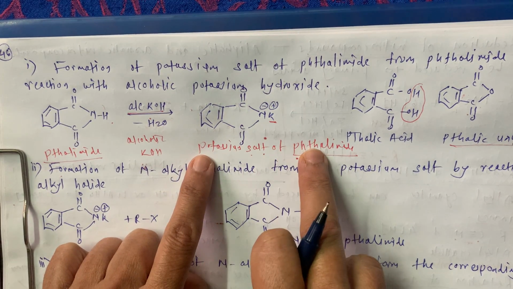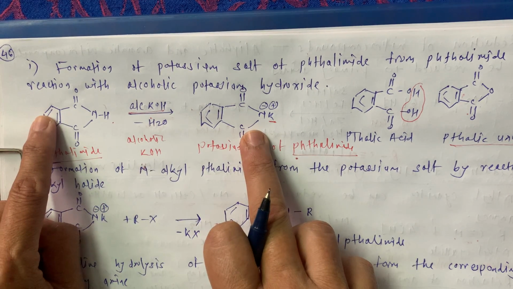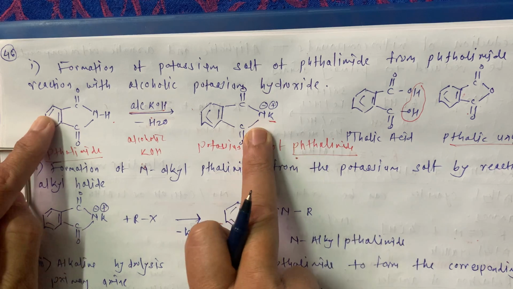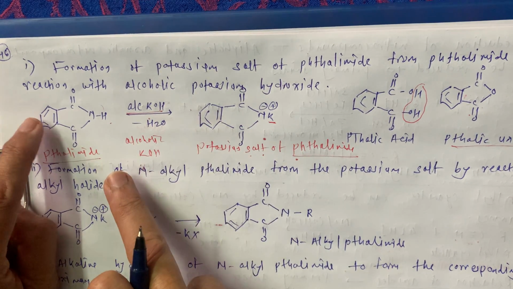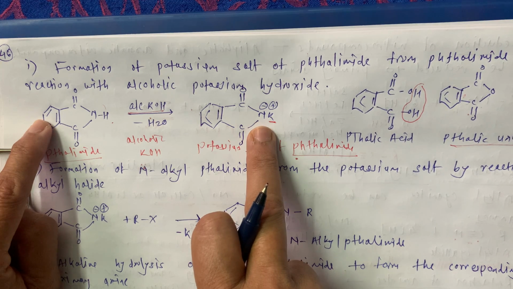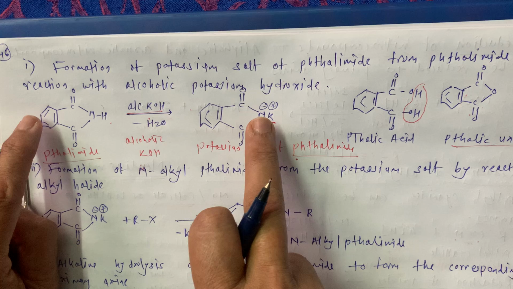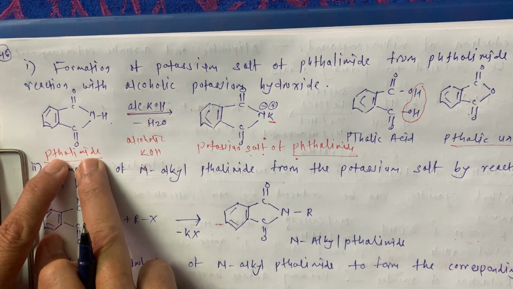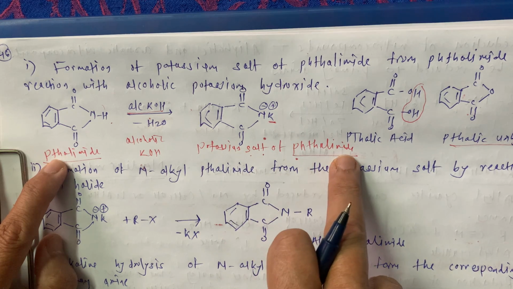This is the first step. This is again a method of preparation of primary amines only. But starting with this, we get a better yield and a very good, neat formation of the primary amine. So generally this is used in the laboratory. So now phthalimide is converted into potassium salt of phthalimide.